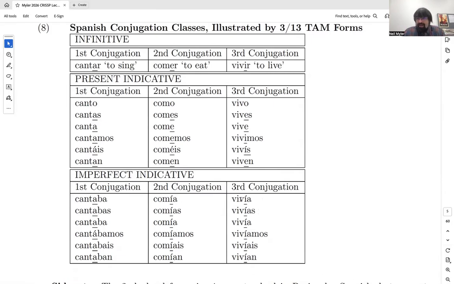And the reason for saying that is that there's no particular reason to expect e to become i when stressed in this environment. There's certainly nothing in the surface phonotactics of Spanish that would lead you to think that that would happen. Like comea, for example, would be a perfectly good syllable here. So the fact that it's comía must have some other explanation.